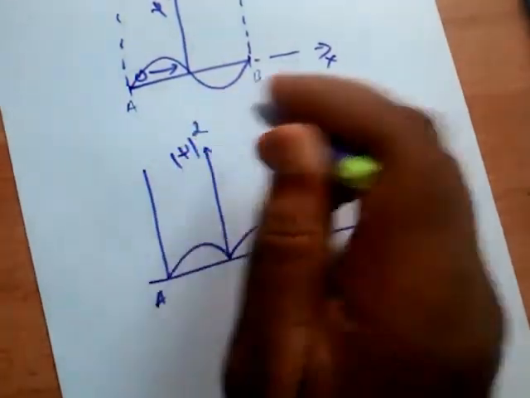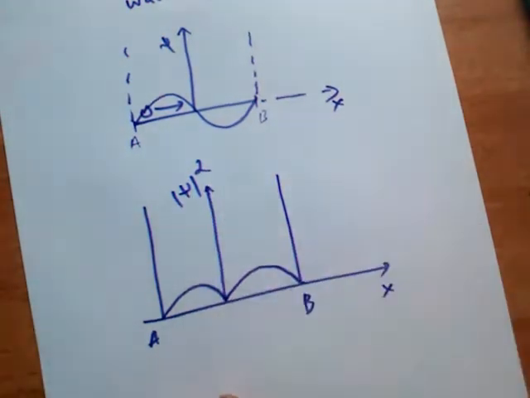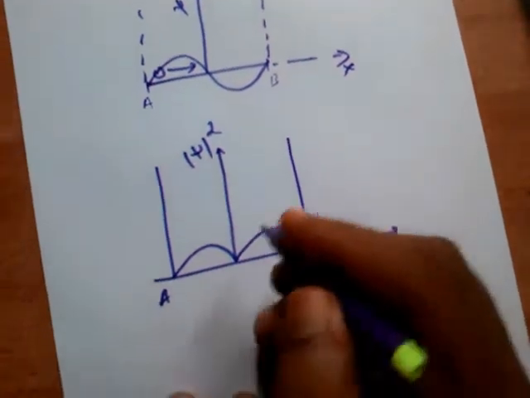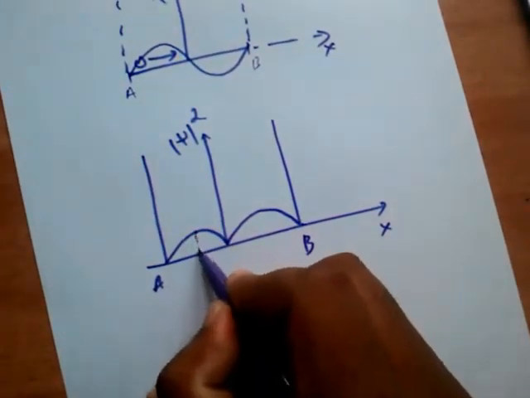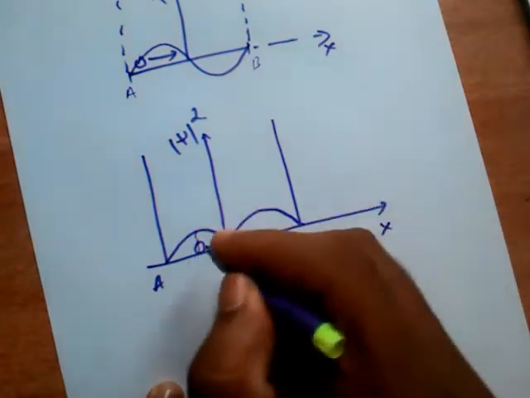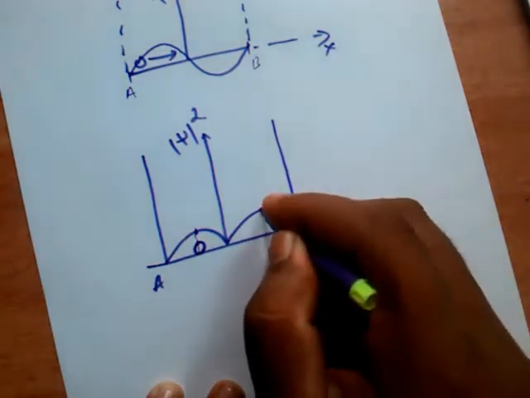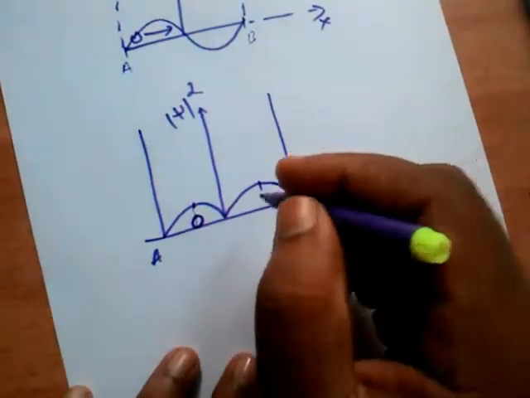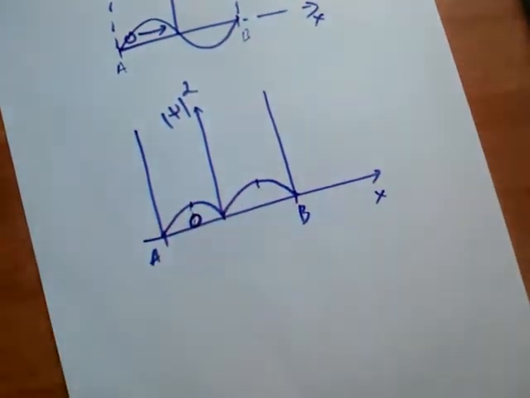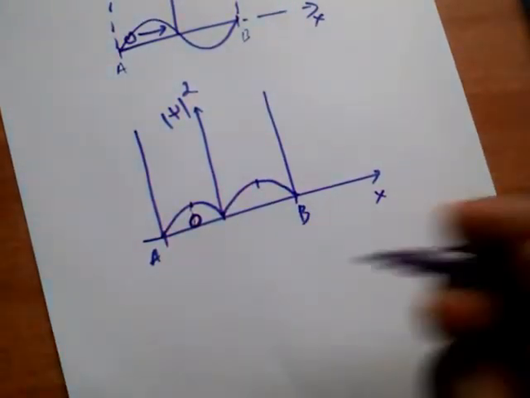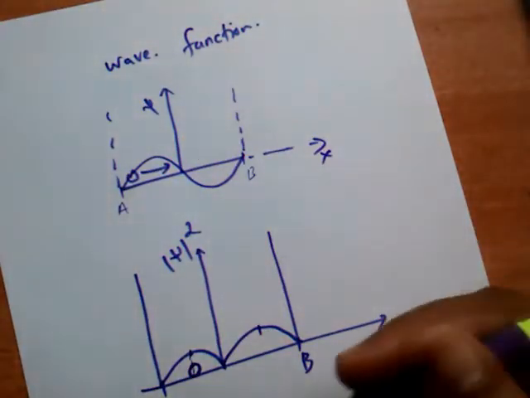And this is mod psi square, the square of the mod of the wave function. This is maximum at this point, that means the probability of finding an electron is maximum at this point as well as this point. The probability of finding the particle is minimum at this point and this point. So we can define wave function like that. I'll elaborate it.